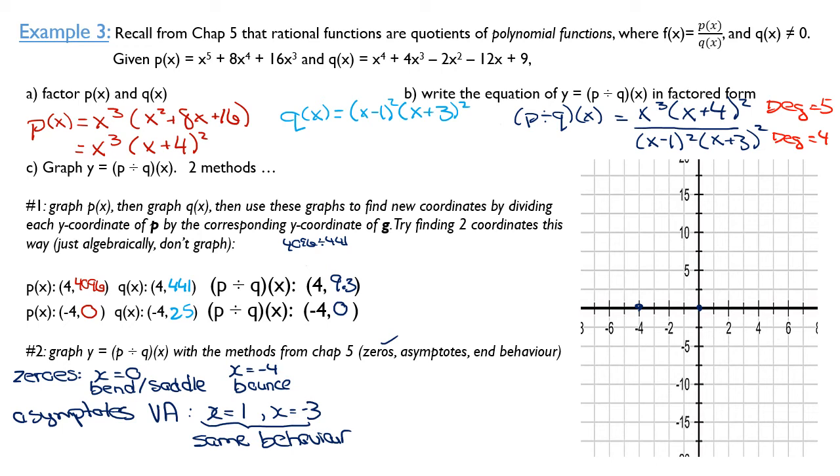So I'm going to set up long division here, but it's going to be long and messy. The part that goes to the left, the part that I'm dividing in, is q of x. This is x to the power of 4 plus 4x cubed minus 2x squared minus 12x plus 9.